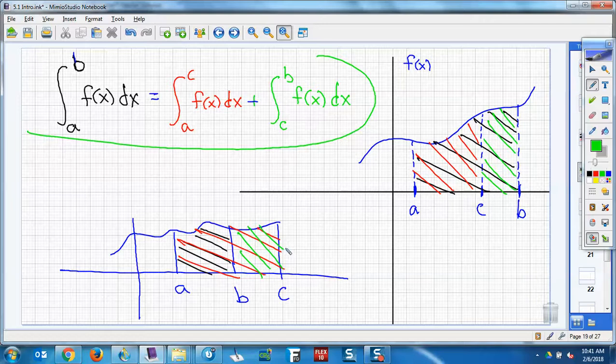It'll just subtract that area off, and you'll be left with the black area. Bottom line is, this statement is always true. It doesn't matter where the C is. So the area from A to B is always equal to the area A to C plus C to B. Now why is that a big deal? Because that's going to allow us to rewrite some integrals and make them easier down the road. So you don't have to worry about it too much, but that's what that means.